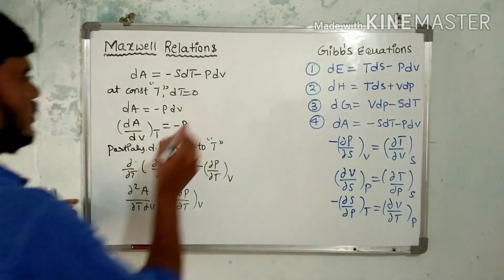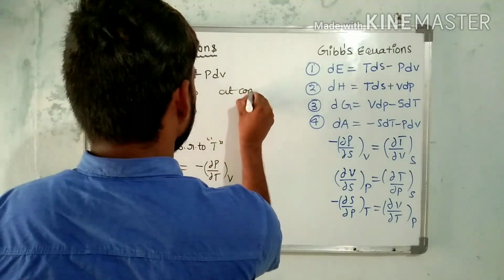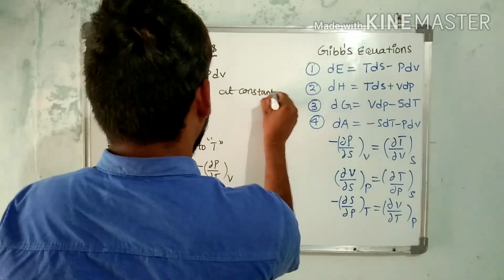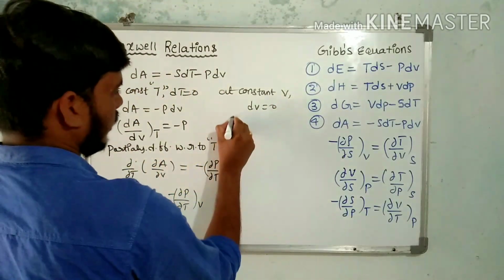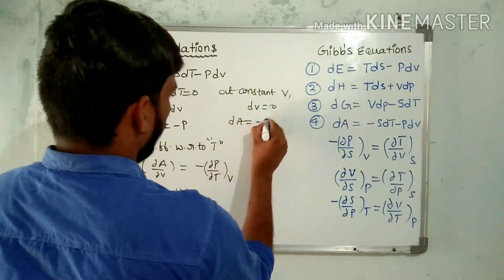Now another expression: at constant volume, dV is equal to 0. Now what is the expression? dA is equal to minus SdT.